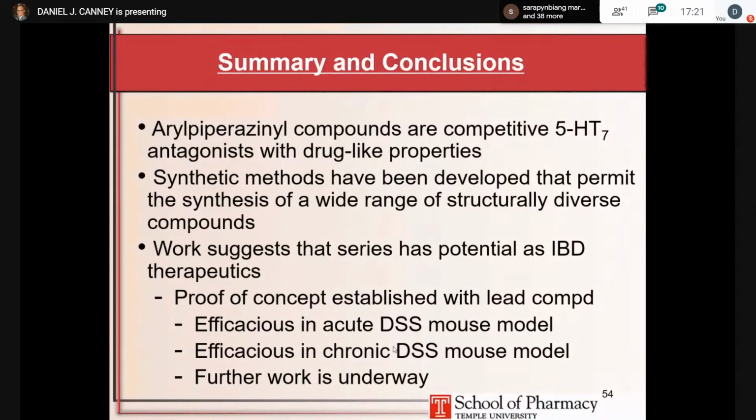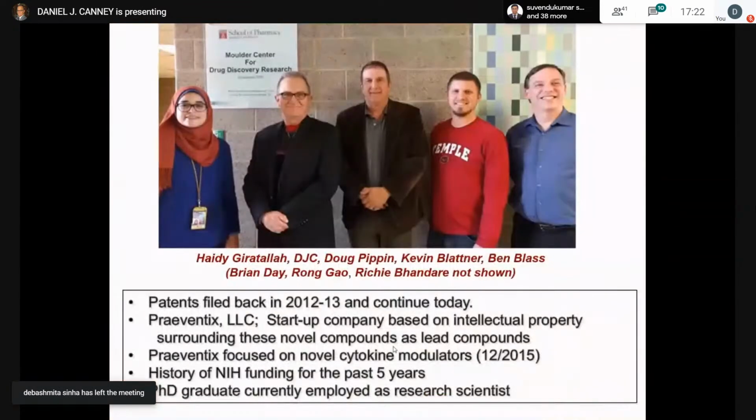Our work suggests that the series has potential as IBD therapeutics, and we have proof of concept of the lead that I just talked about in acute and chronic DSS models, and further work is underway in other models of IBD to further investigate the potential use of these compounds for that particular indication.